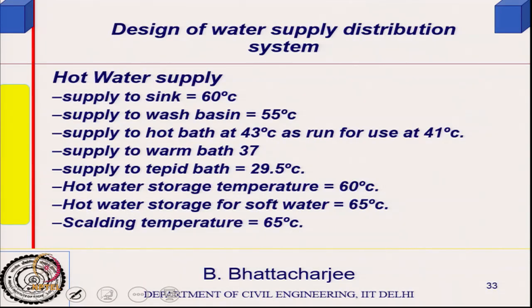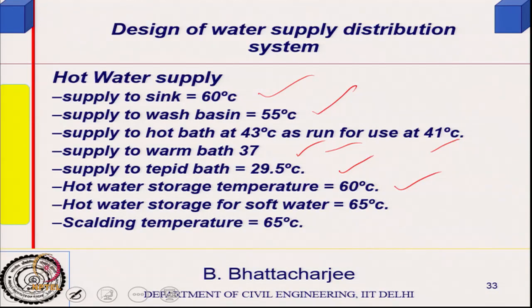So, the basic principle: the desirable temperatures are given in the code, the National Building Code. Supply to the sink is 60 degree, wash basin 55 degree, hot bath as run or for use at 41 degree, and warm bath is 37, tepid bath is somewhat less.